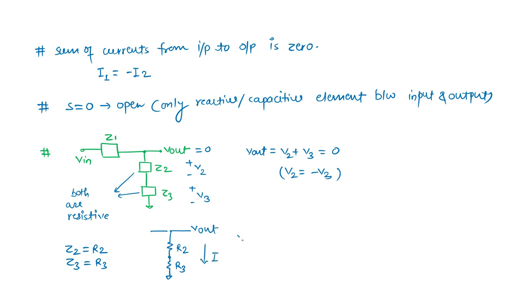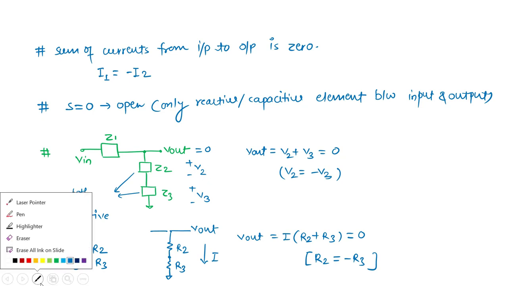Whatever the direction of current is, the output is nothing but this current times, because they are series elements, R2 plus R3. So is it possible that this can be 0? No. So this condition is not valid for two resistive elements. So again, this is the condition for calculating the output voltage.